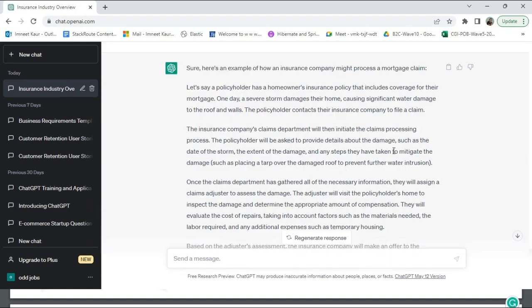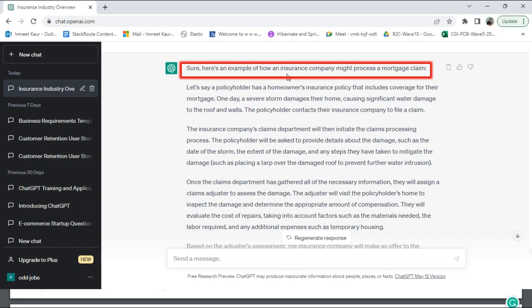So again, if you look at the response and read it carefully, you will come to know that it has given us the detailed steps of how an insurance company might process a mortgage claim.